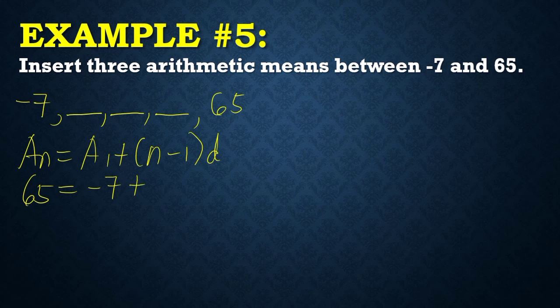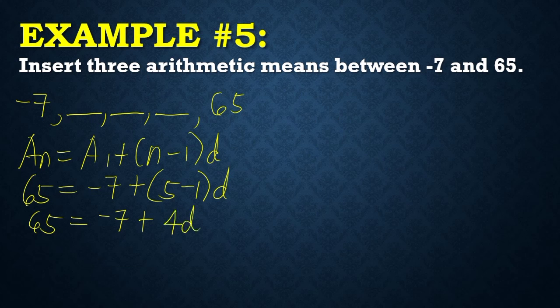Again, we count. Negative 7, tas tatlong blanco, tsaka yung 65. So, ang number of terms is 5, minus 1, times d. 65 is equal to negative 7 plus 5 minus 1, that is 4d. And then negative 7, ito, negative siya.